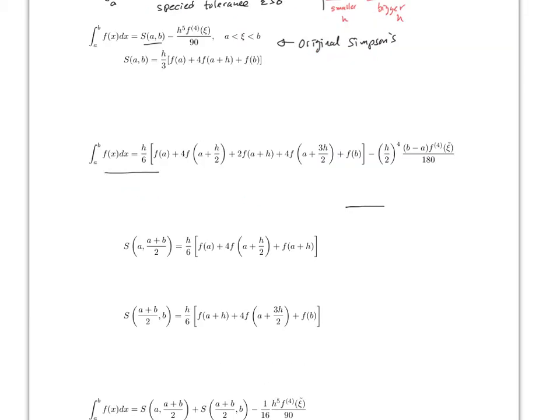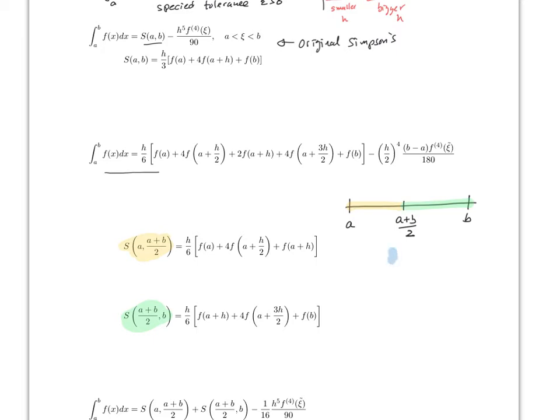So the idea is going to be pretty simple. We're still going to go from a to b, but now we're going to cut this in 2, and we're going to apply the original Simpson's to this interval. So we'll apply it to this part, which will give you this, and then we'll apply the also original Simpson's to the second part, which is this, and that will give you this part.